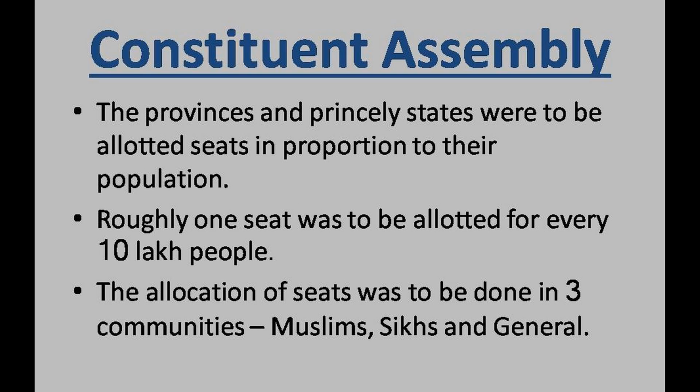The provinces and princely states were to be allotted seats in proportion to their population. Roughly 1 seat was to be allotted for every 10 lakh people. The allocation of seats was to be done among 3 communities: Muslims, Sikhs and General.